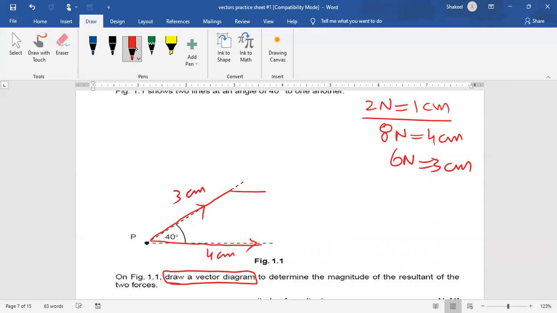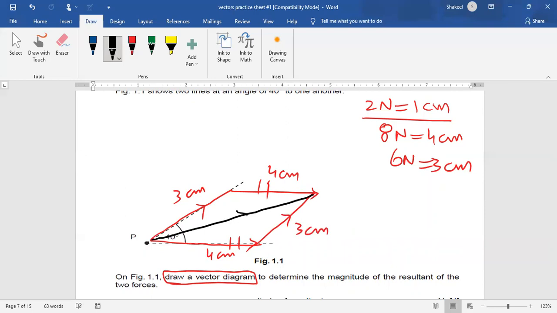Then, putting the scale over here, draw a line of 4 centimeter because these are parallel, and the last line should be 3 centimeter. The resultant is always from the origin for the parallelogram. This is your resultant.